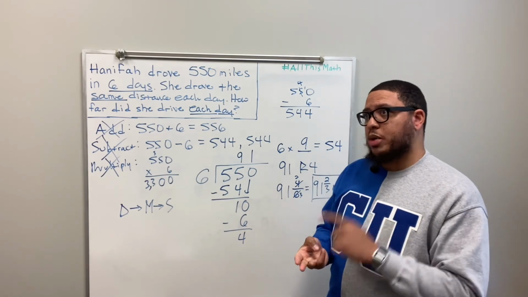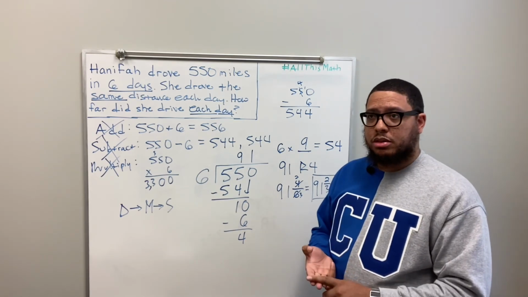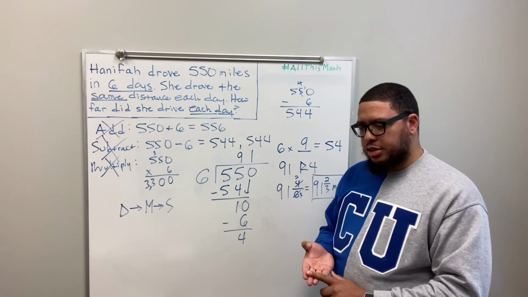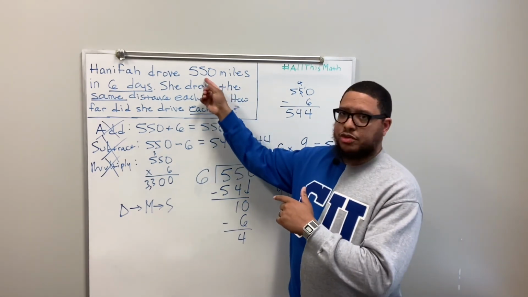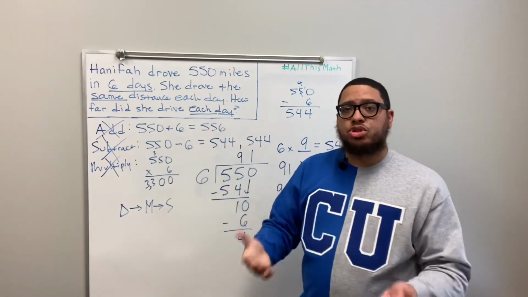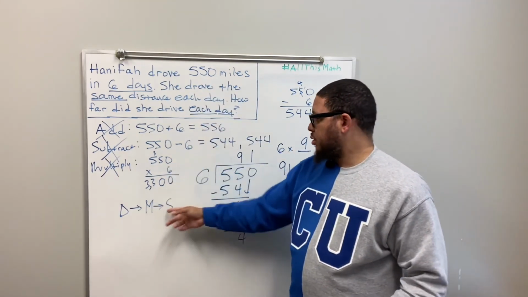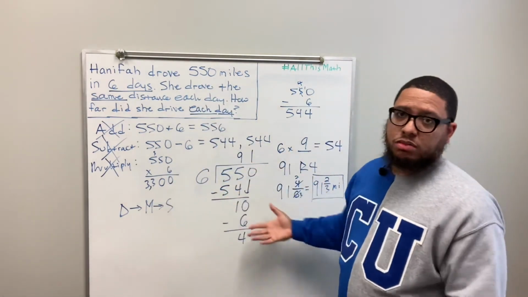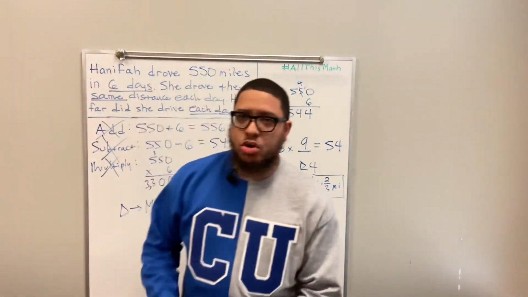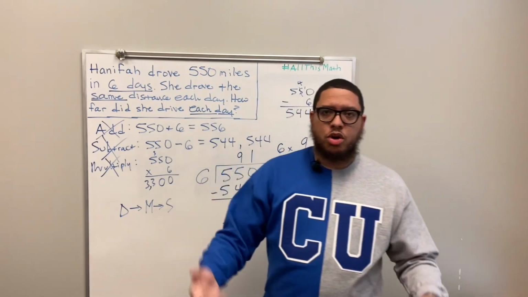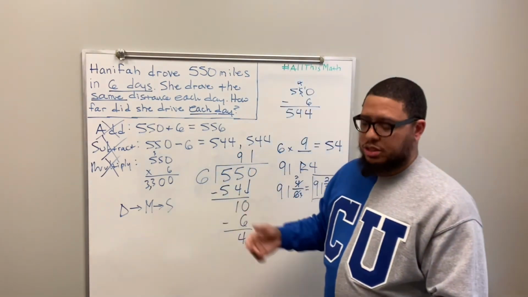Then 90 miles on Wednesday. That's 270 miles. Then 90 more miles on Thursday. And then you notice how your numbers are getting larger and larger. And you're getting closer to 550 miles. So that tells you right there that division is the way to go. All right. So just a little word problem interpretation and some long division.